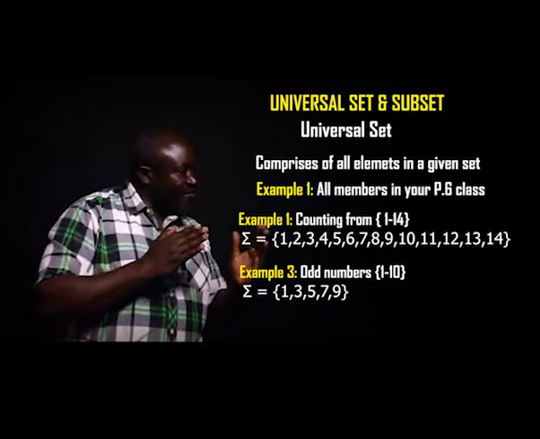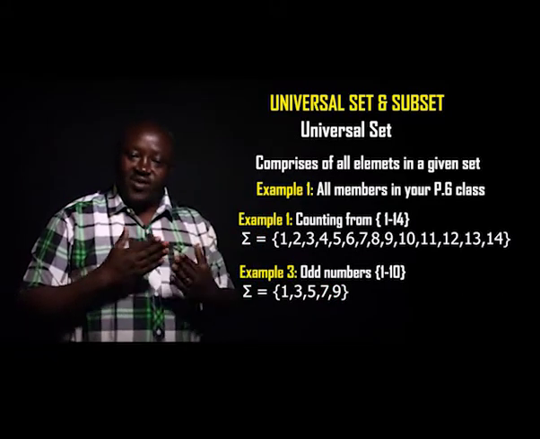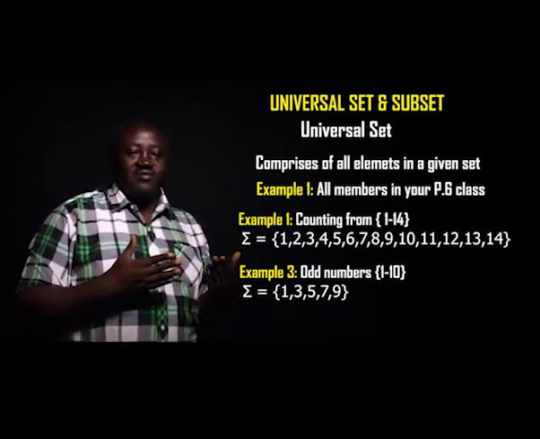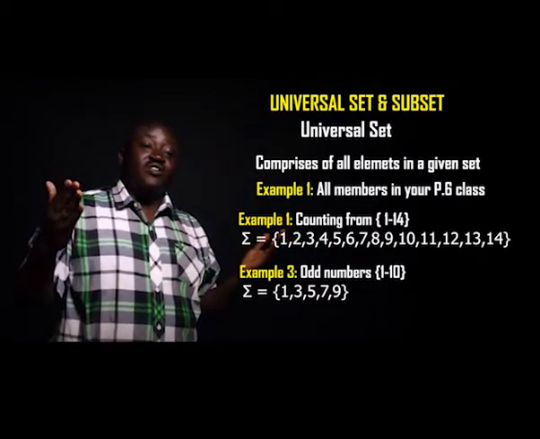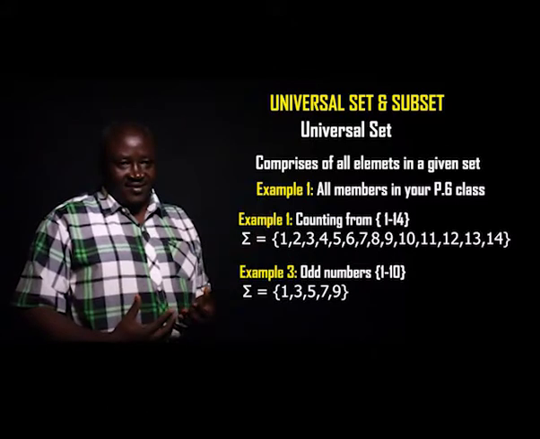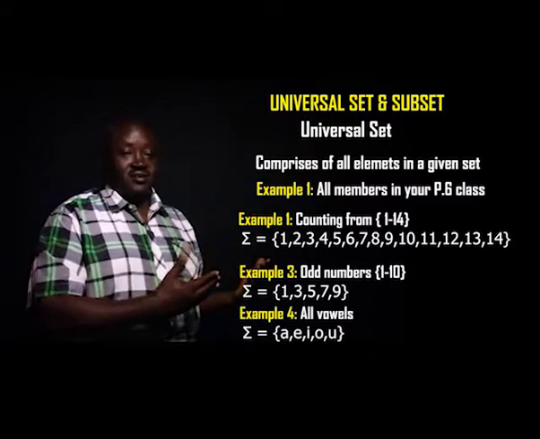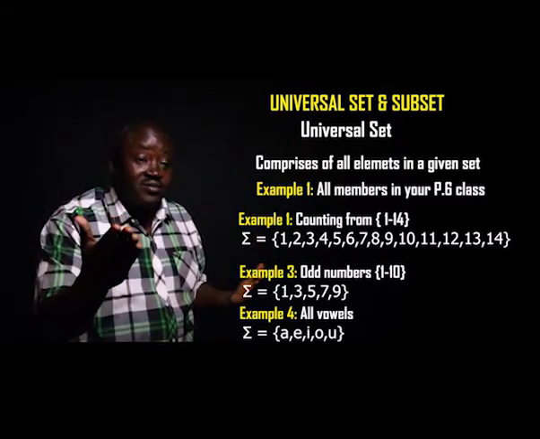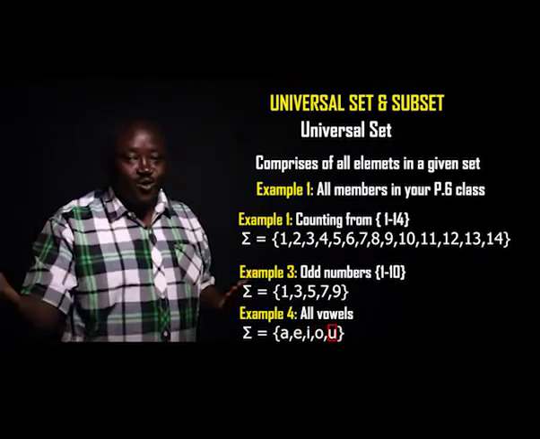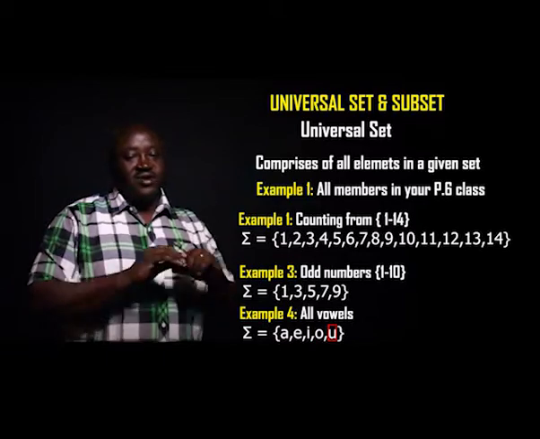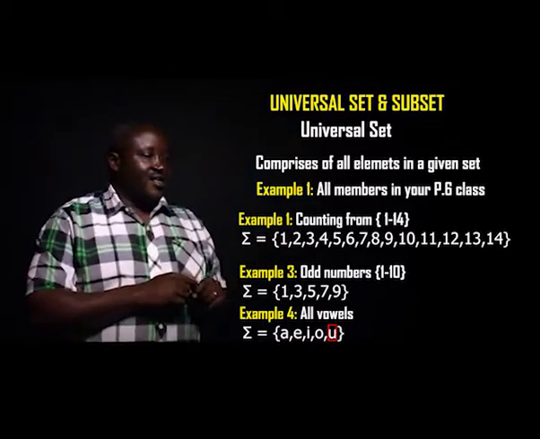Those are the odd numbers in our set. Then you can have also the universal set of vowels. That is, mention them. You know vowels? A, E, I, O, U. That is our universal set.